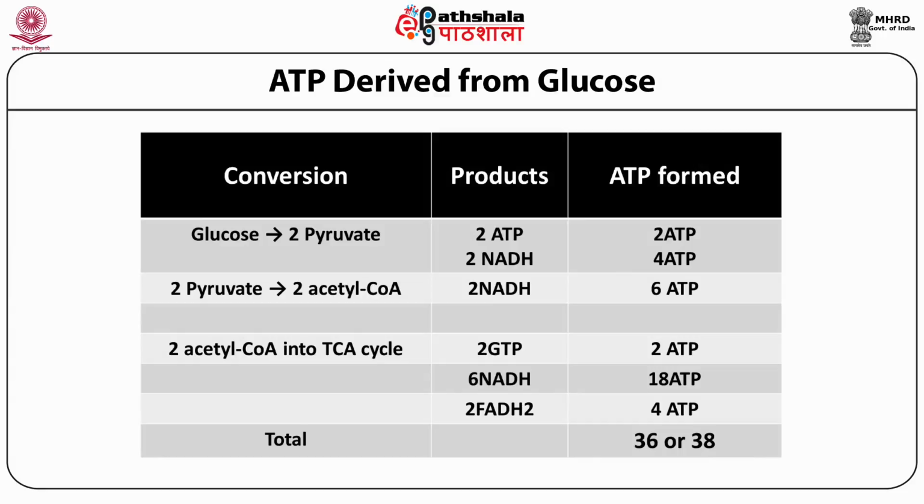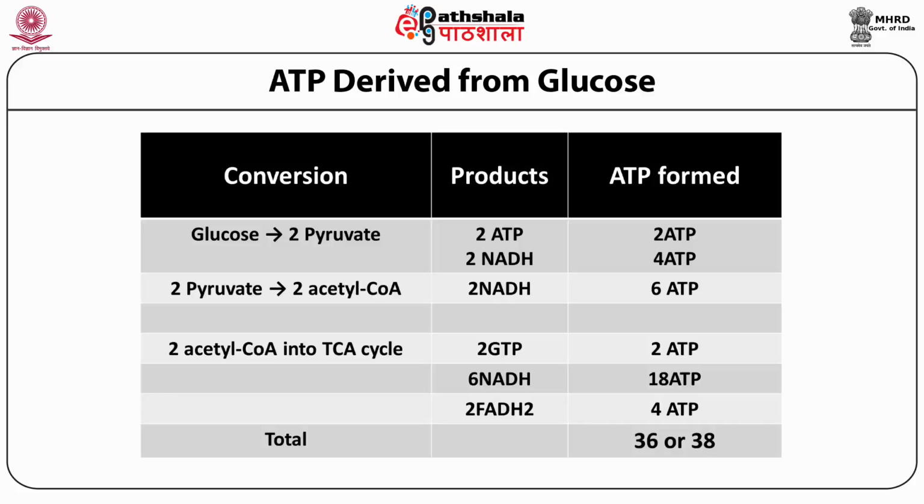When glucose is converted into 2 pyruvate during glycolysis, you can see 2 ATP and 2 NADH are produced, and total ATP produced is 6. When 2 pyruvate are converted into 2 acetyl coenzyme A, 2 NADH are the product and 6 ATP are produced.